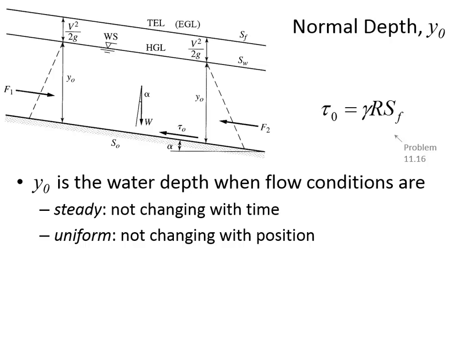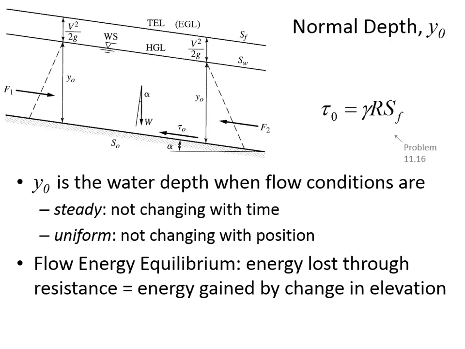So if we have steady uniform flow, then equilibrium exists and all three of those slopes are equal to each other. So flow energy equilibrium just means that the resistance, which is the shear stress of this channel bottom pushing opposite the direction of flow, is balanced out by the energy that's gained by the flow as it moves downhill.